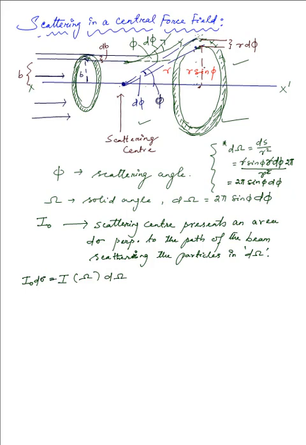This is the number of particles scattered in that small solid angle d omega, with the incoming intensity being I naught, and a part of that, d sigma, the area presented by the scattering cross section, allows I naught times that area to be scattered. So what we essentially have is that d sigma by d omega is equal to I of omega, the intensity of the scattered beam in that region d omega, over the incoming intensity.